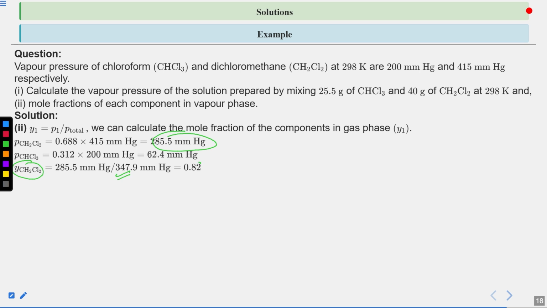This will come out to be 0.82 as the mole fraction of dichloromethane. Now, what will be the mole fraction of chloroform? Again, take the partial pressure of chloroform divided by the total pressure, which equals 0.18. You can directly get this 0.18 by subtracting 0.82 from 1.